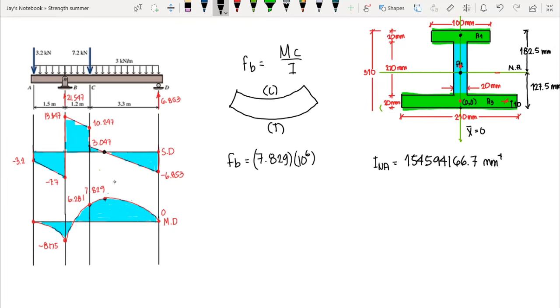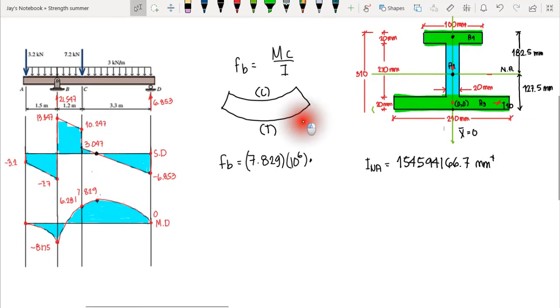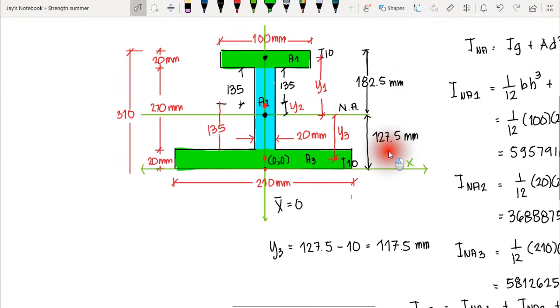Now, the C here, since we are referring to the tensile surface, we know that our tensile surface is at the bottom since we have positive bending, since we are using 7.829 here. So therefore, our C here is from the neutral axis to the bottom surface, and the distance is 127.5 millimeter.